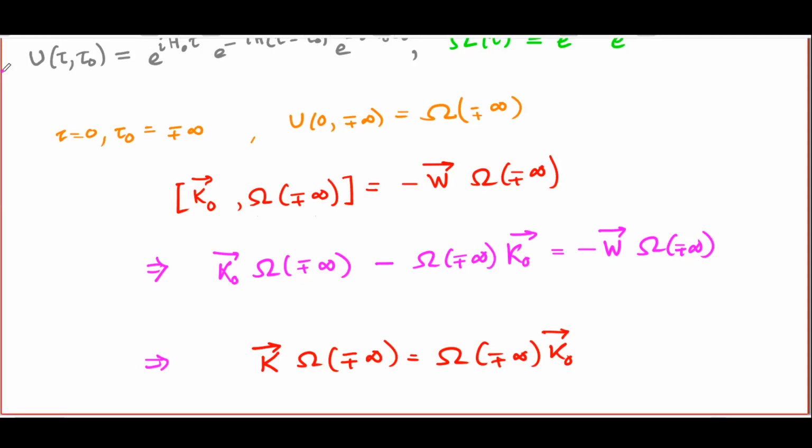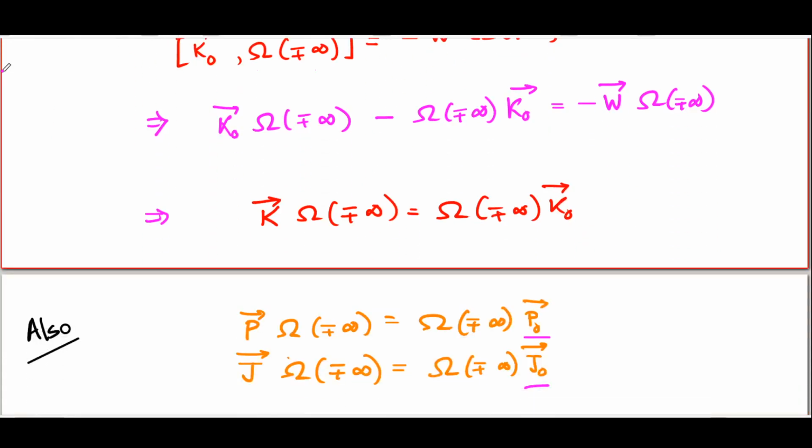Before we go there, let me remind you that P and J actually obey exactly similar relations, and this is really rather trivial because both P and J commute with H and H0 and hence they commute with omega(minus plus infinity). And it's really this commutation that is being stated here.